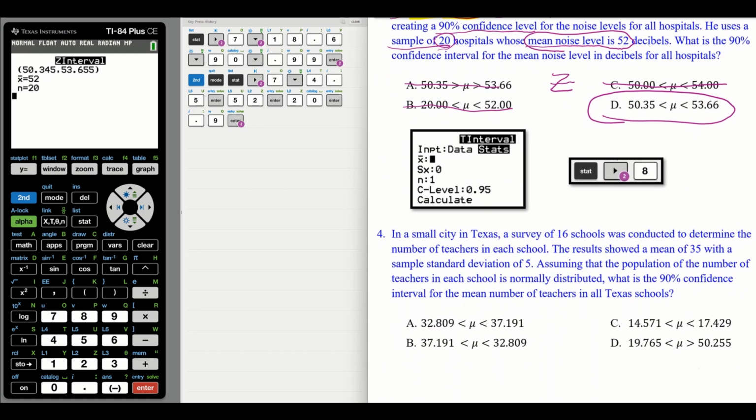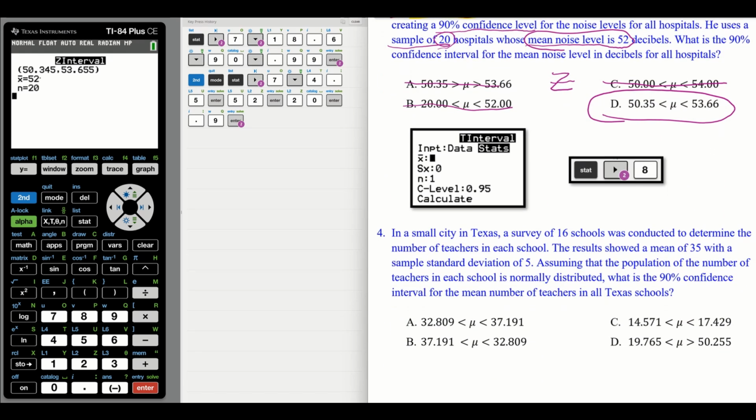Okay, now let's look at number 4. In a small city in Texas, a survey of 16 schools was conducted to determine the number of teachers in each school. The result showed a mean of 35 teachers with a sample standard deviation of 5.